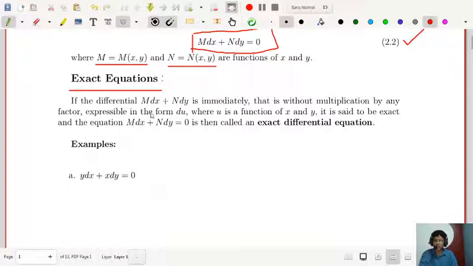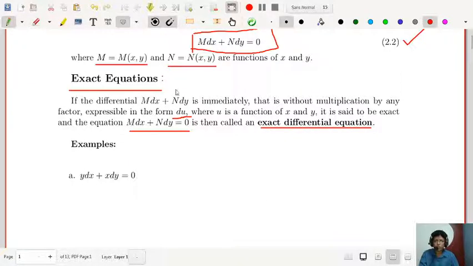If the differential M dx + N dy is immediately, that is, without multiplication by any factor, expressible in the form du, where u is a function of x and y, it is said to be exact. You are not multiplying the differential with anything, and we already talked about the concept of differential in the previous lecture. The equation M dx + N dy = 0 is then called an exact differential equation.